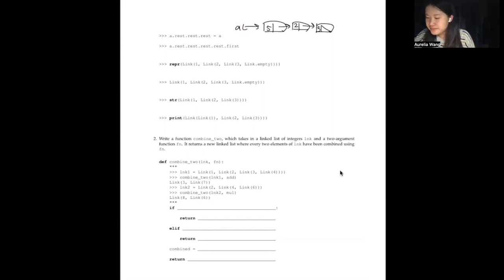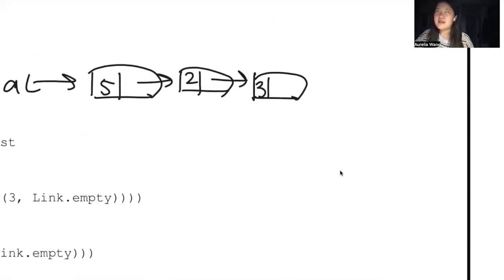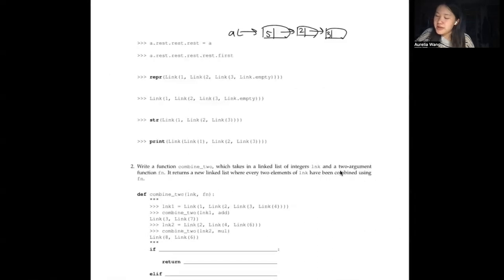So a.rest is this part, and so this part is pointing to another link object, so we're going to focus on that now. And so the dot rest attribute is pointing to yet another link object, and we want to assign the dot rest of this object, which we saw was link.empty previously, into whatever A is pointing to. Well, A is pointing to the beginning of the linked list because, as we know, A.first is going to be this, indicating this link object.